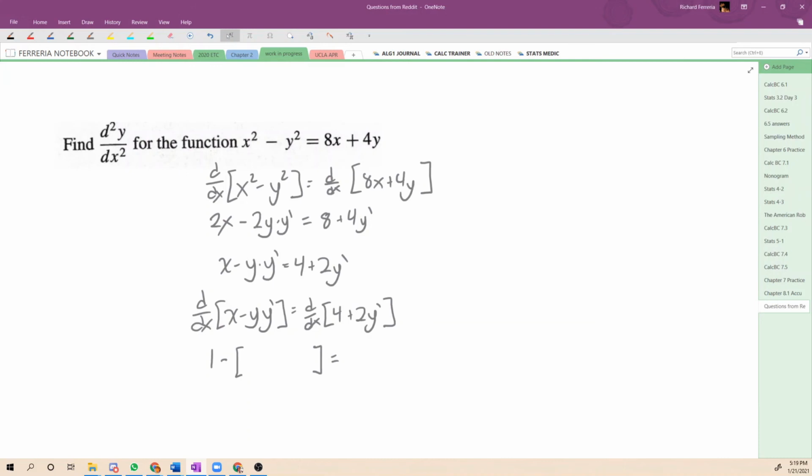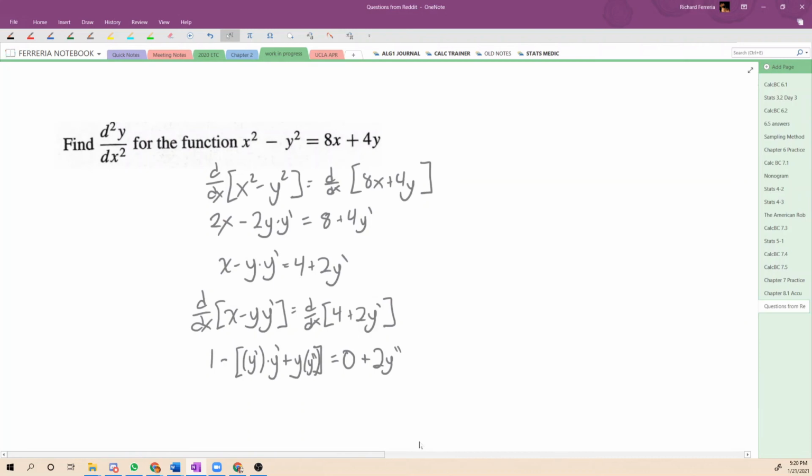The derivative of y y prime is the derivative of y multiplied by y prime plus y multiplied by the derivative of y prime. That got a little bit squished in there, sorry about that. But that's going to be equal to the derivative of the right side, which is, well, the derivative of 4 is 0, plus the derivative of 2y prime, which is just 2y double prime.